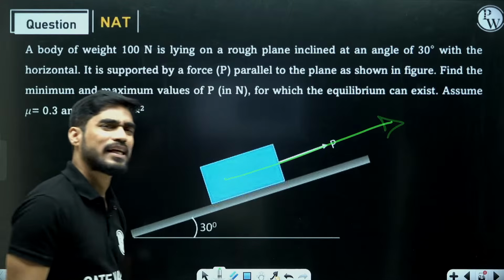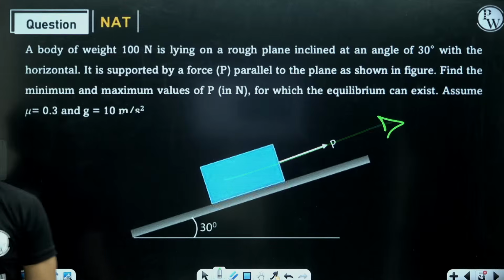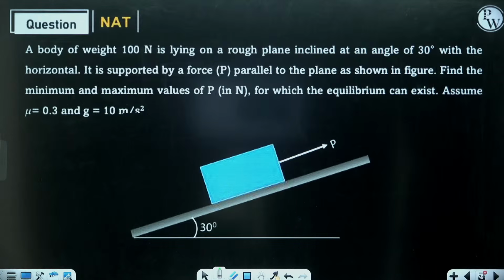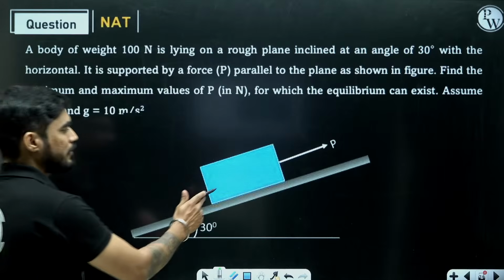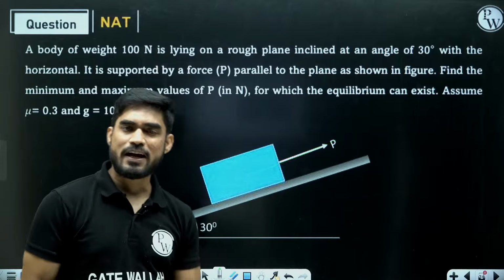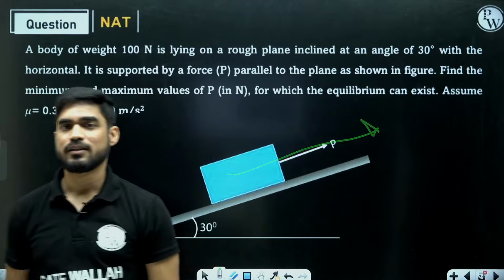What is that particular value? That I will tell you later. Let's say that value is 1000 Newton. So if I apply a force more than 1000 Newton, block will start moving upward.